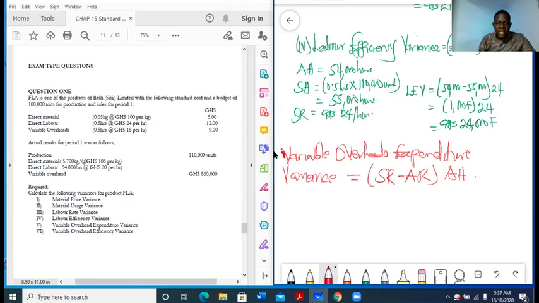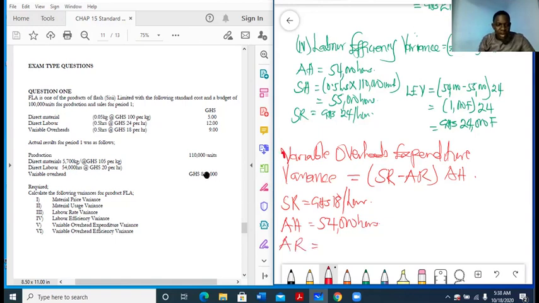Okay, good. Now, what is the standard rate? Our standard rate is equal to 18 Ghana cedis per hour. Our actual hours is equal to 54,000 hours.